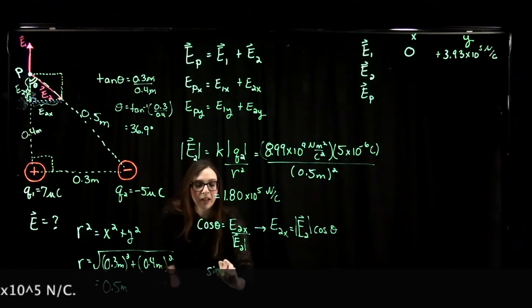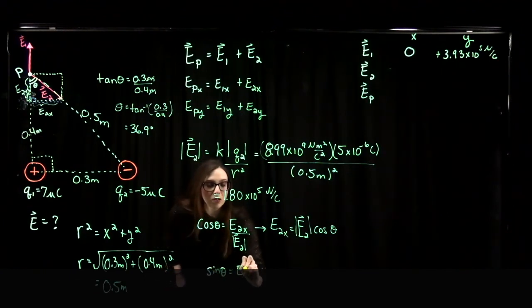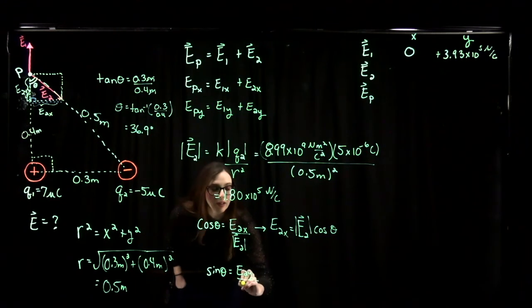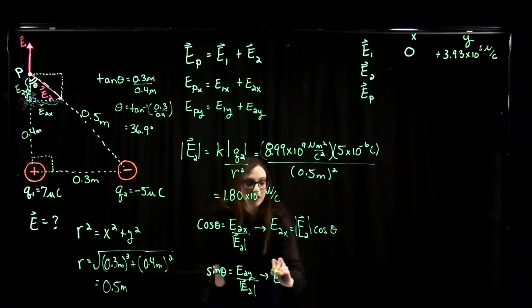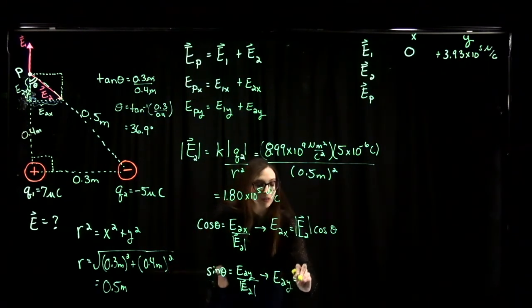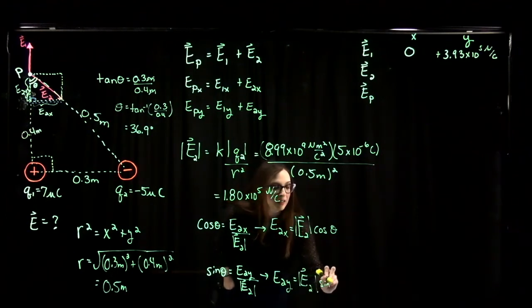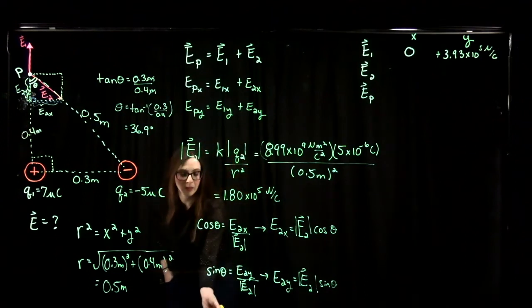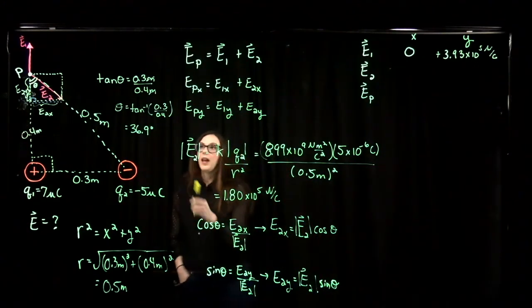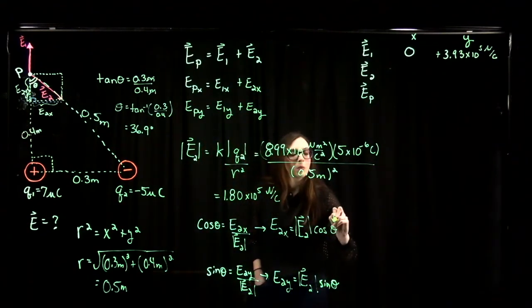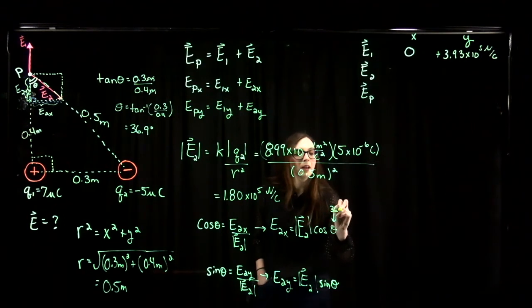Sine of my angle theta equals E2y over the magnitude of E2. So E2y equals the magnitude of E2 times sine of my angle theta. This marker is running out here. Sine of my angle theta. This angle theta was our 36.9 degrees.